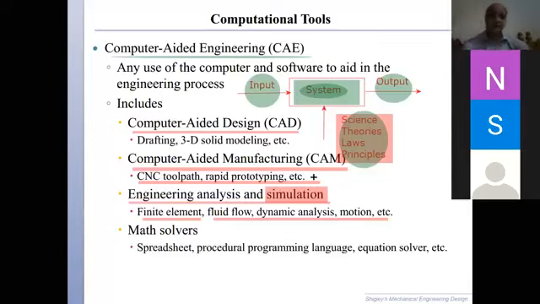Either we make a prototype or a full scale model and do experiments with it. Or if it is not possible to make physical models, we go for simulation. We make a computer model and carry out experiments using a computer. These are not physical experiments, because physical experiments are very expensive, take a lot of time, are probably not possible, maybe hazardous, so we do simulations. So that is what simulation is. Any question?